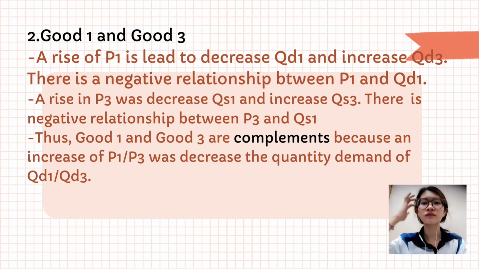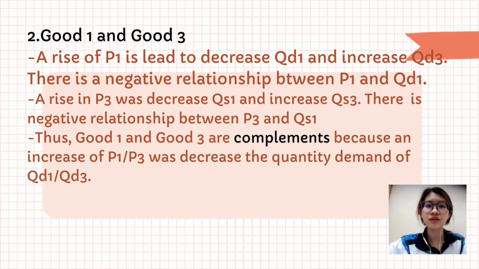A rise in price 1 is linked to decreased quantity 1 and increased quantity demand 3. There is a negative relationship between price 1 and quantity demand 1. A rise in price 3 will decrease quantity supply 1 and increase quantity supply 3. There is a negative relationship between price 3 and quantity supply 1.